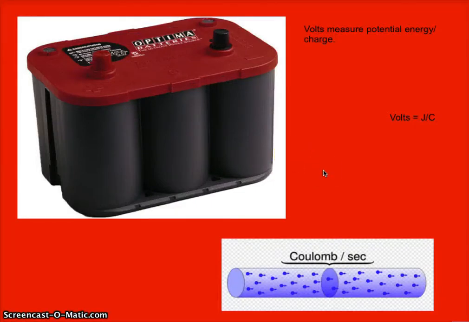So let's go to this particular one. On this battery, one battery terminal is positive and one battery terminal is negative. Here's the positive. You can see it right here. So this is the positive terminal, and this is the negative terminal. And on all batteries it's always the red that's positive and the black that's negative. So it's kind of universal that way.